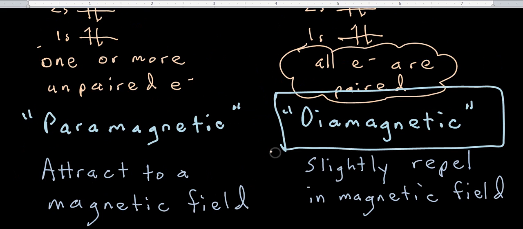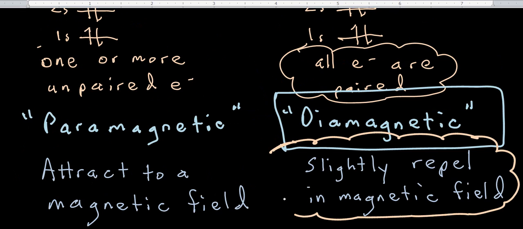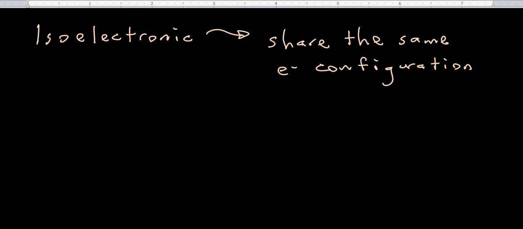On the other hand, something that's diamagnetic will repel very slightly in the presence of a magnetic field. This could allow chemists to identify if the compound in question has all paired electrons or has any unpaired electrons by the behavior in the presence of a magnetic field.